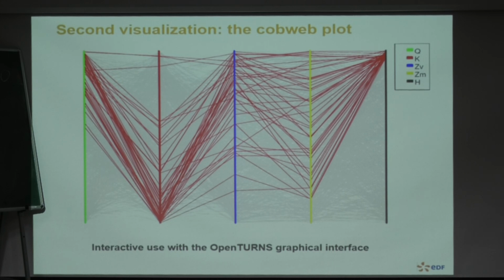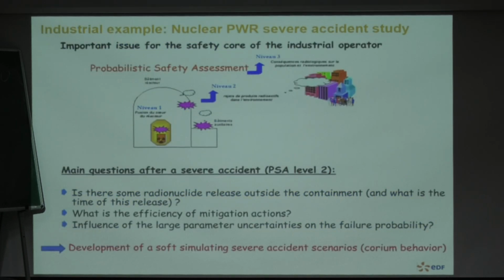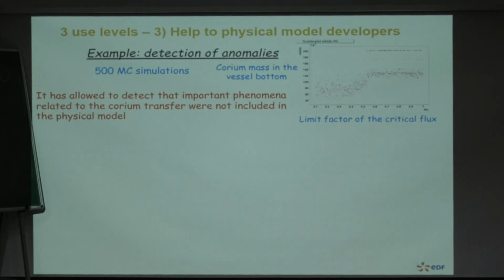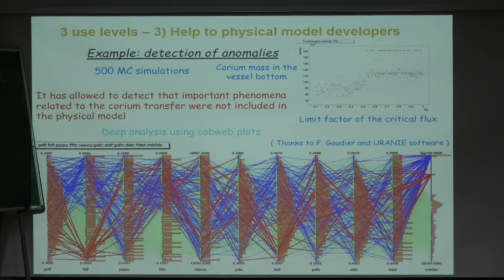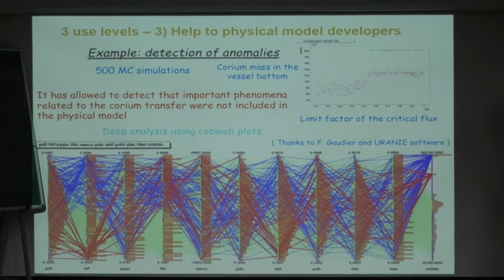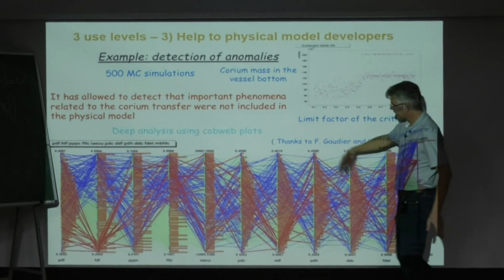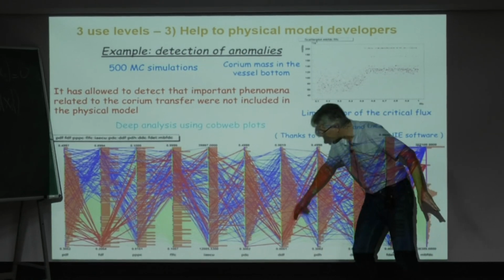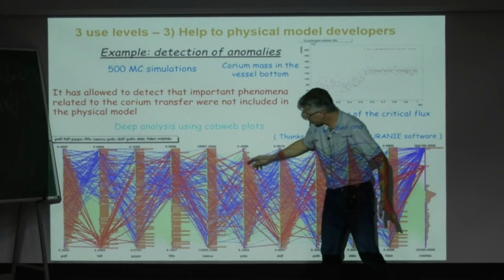I have another example which is even nicer. So you see here I have 10 inputs. We have plotted the histogram of the sample.